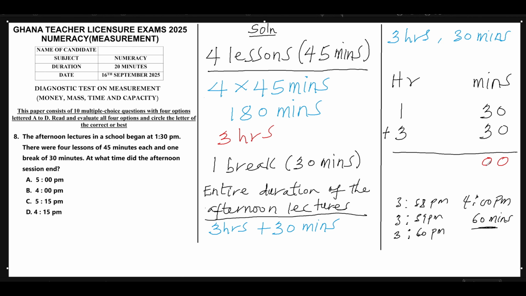So remember, we have an extra 1 hour. So 1 plus 3, that is 4. Then 4 plus the extra hour, making 5.